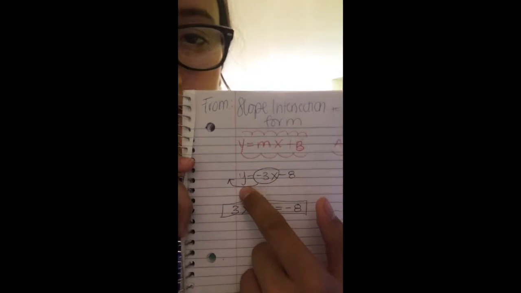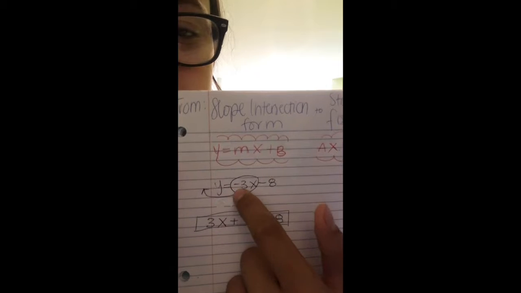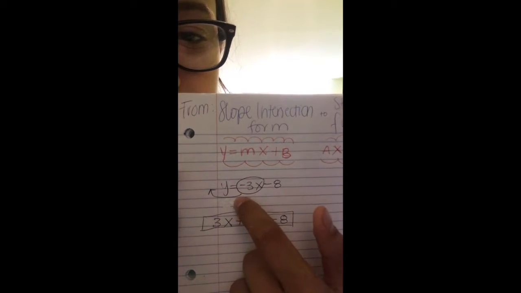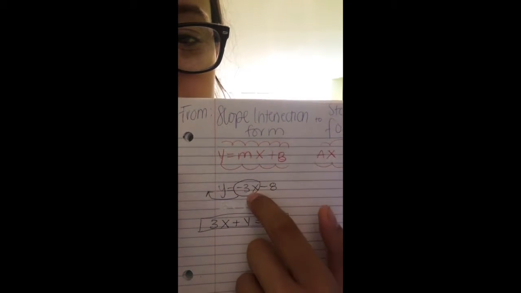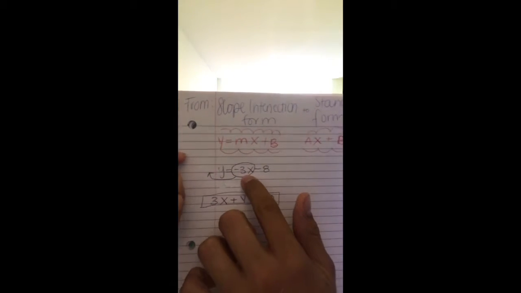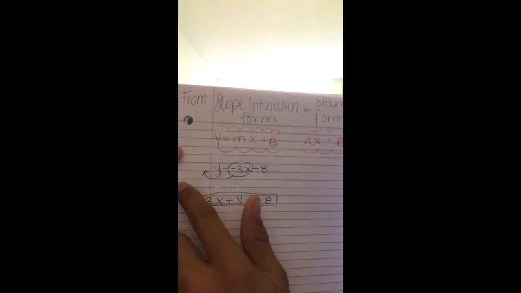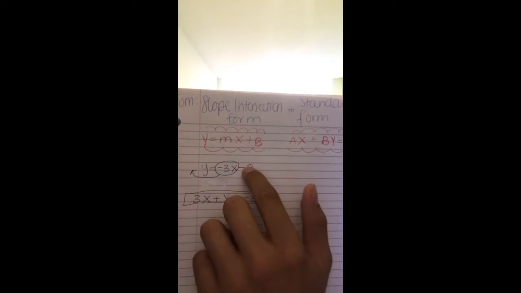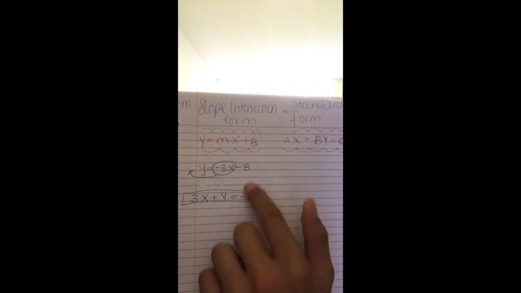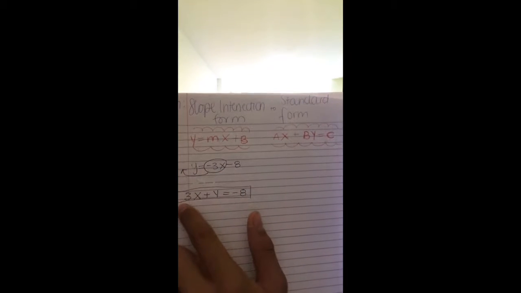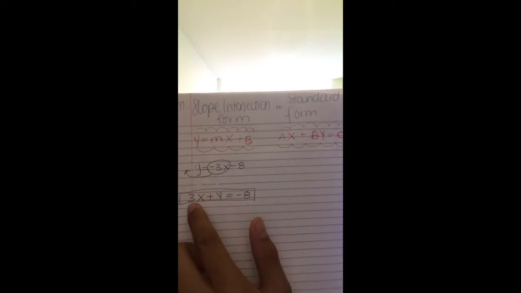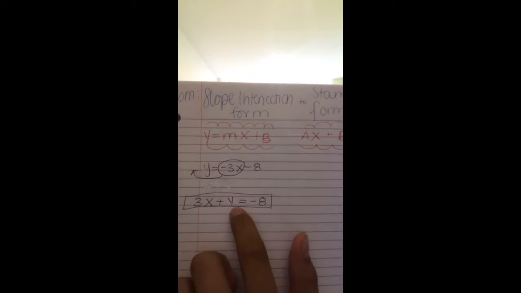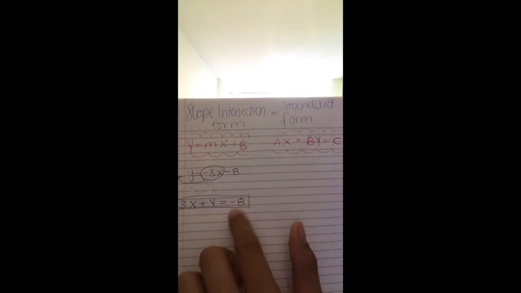So we put here a problem that is y equal 3x minus 8. So we move the 3x to the left, because you have to keep the c alone. So we change to positive, and it's going to be 3x plus y equal minus 8.